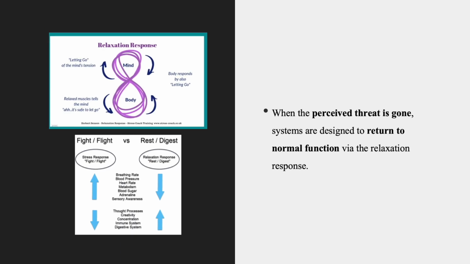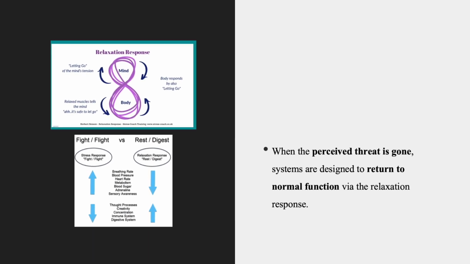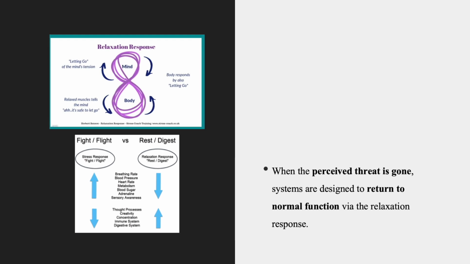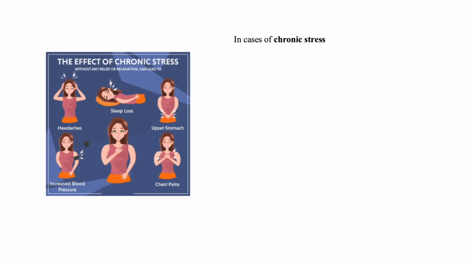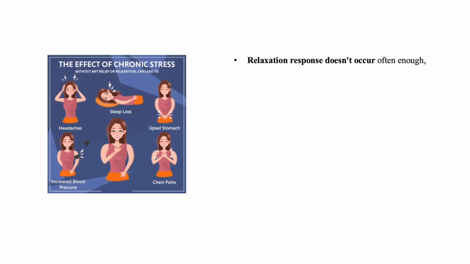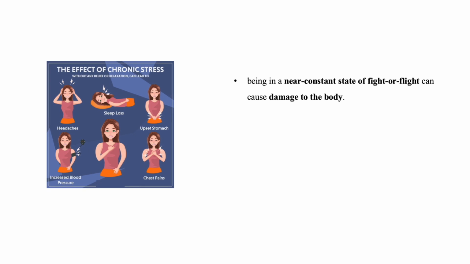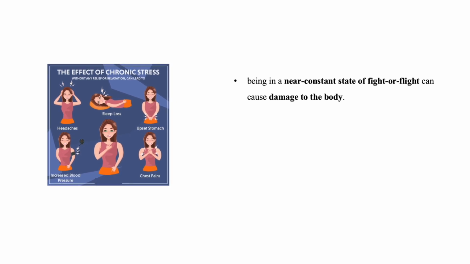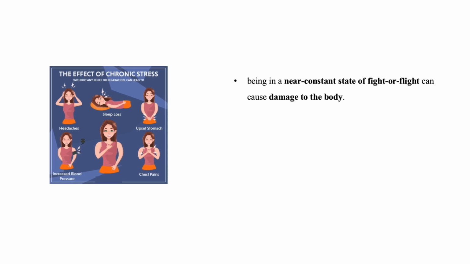When the perceived threat is gone, systems are designed to return to normal function via the relaxation response. But in cases of chronic stress, the relaxation response doesn't occur often enough, and being in a near constant state of fight or flight can cause damage to the body.